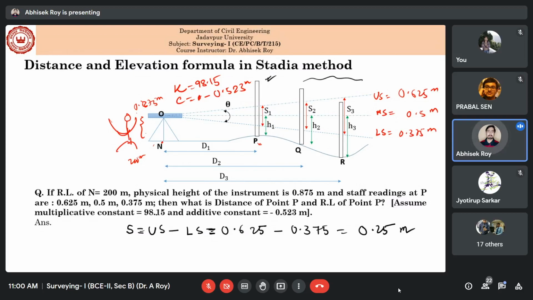Now, as K and C both are given, we can calculate D. It will be simple: D equals K times S plus C. K is given as 98.15.